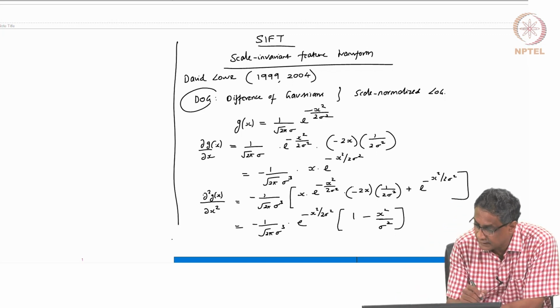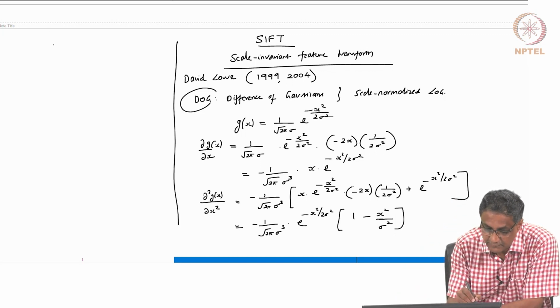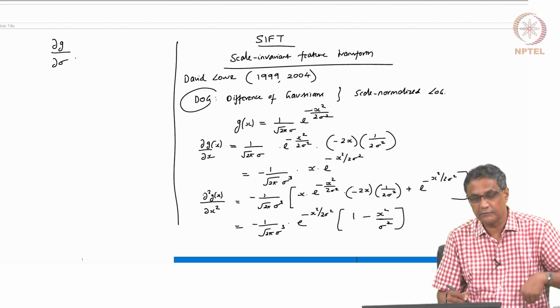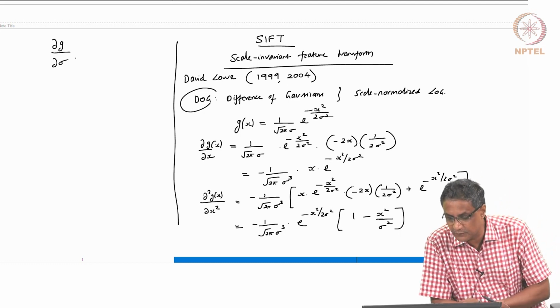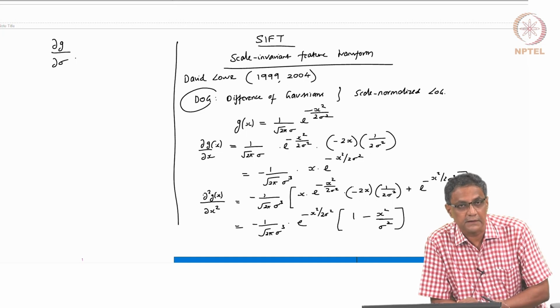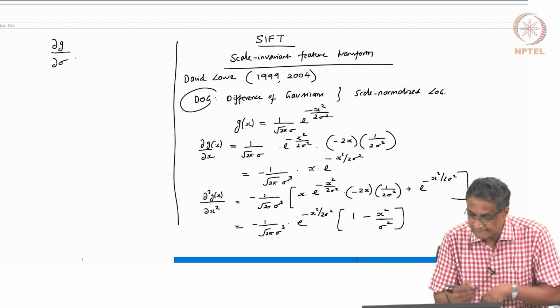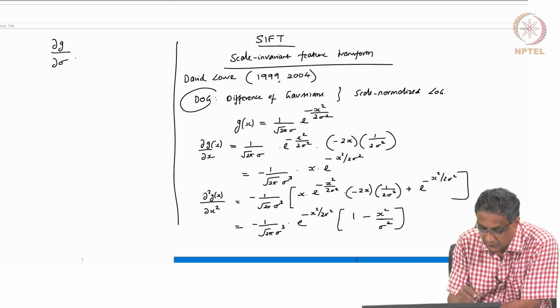Now let us look at this one. Till now we have not examined dou g by dou sigma. Whatever derivative we have taken, we have always taken with respect to x or y. Suppose we examine this Gaussian with respect to sigma, then what will you get?